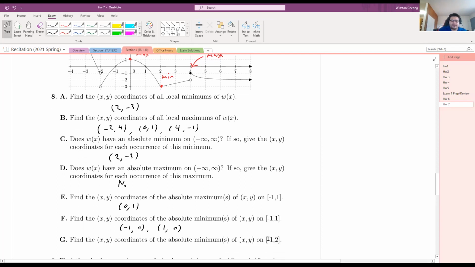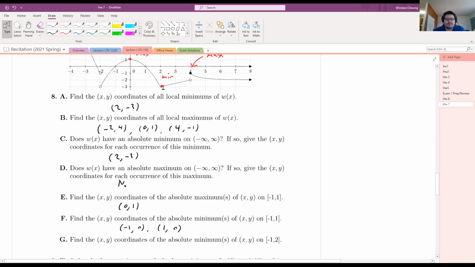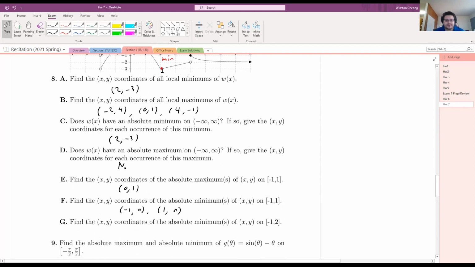And now for G, we extend our window just a little bit, and the answer is going to change. From -1 to 1, we now extend it to -1 to 2. And so we get negative values. In fact, our minimum becomes this point here, (2, -3).